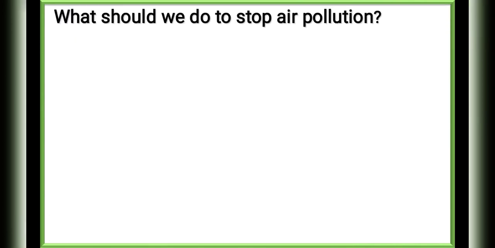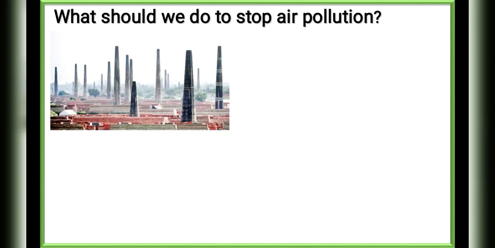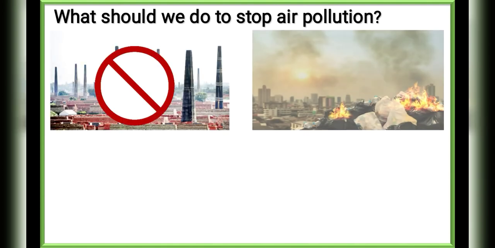So, what should we do to stop air pollution? That is a big question. We can find out, and we have already learned about the process. Let's make it visual so that you can get the idea better and can memorize it clearly. First of all, brick kilns should be stopped. Burning trash or burning any type of plastic products should be stopped.